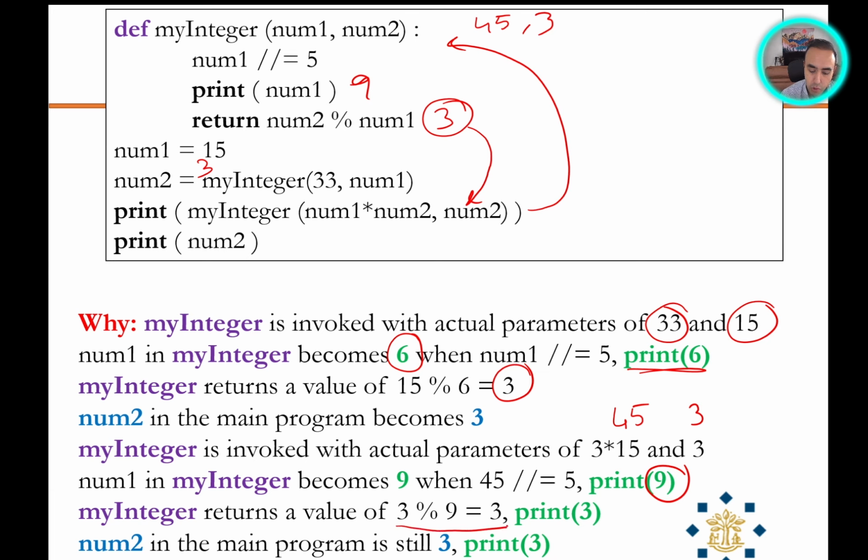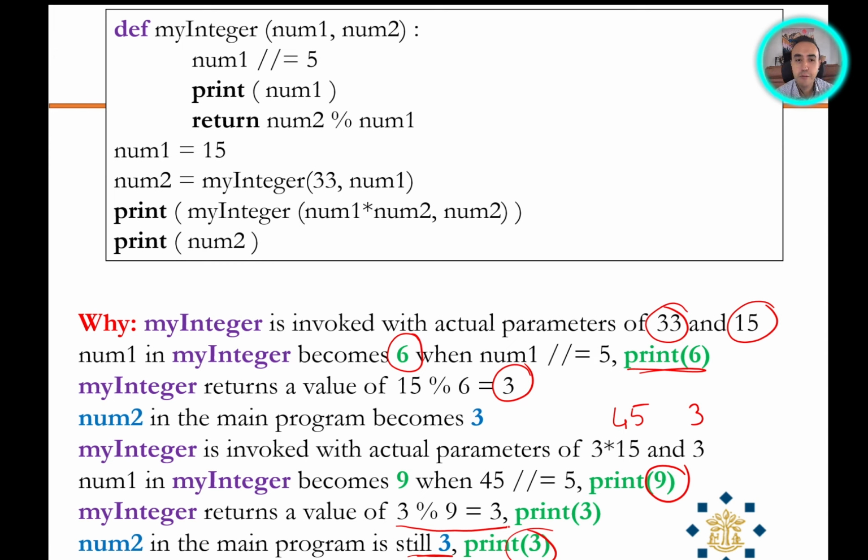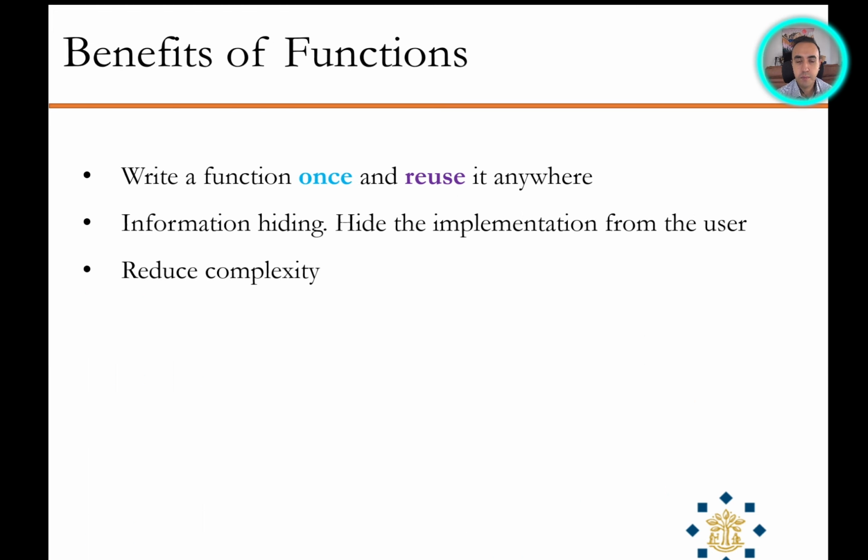Here we return 3, and that's what we print. And then finally, we print num2, which is still 3, so we print that. Okay. So it first prints 6, and then 9, and then 3 and 3.